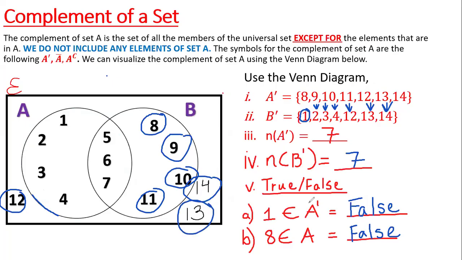That's what I'm talking about when I say A complement. So if I did say 8 is an element of A complement, it would have been true because 8 is here. But when I say 8 is an element of just A, I'm referring to this circle, and clearly 8 is not in there. All right, that makes sense?